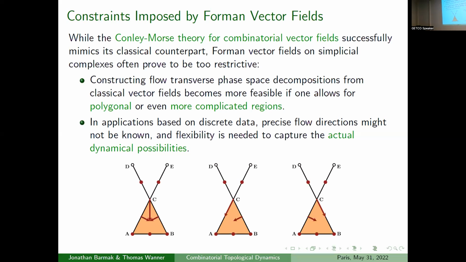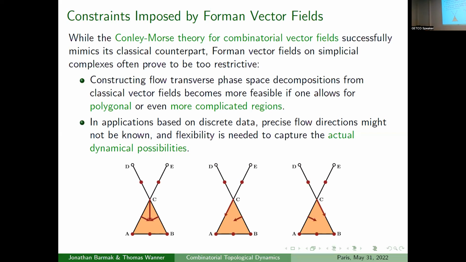What if I don't know exactly what my flow does at this point C? Is there a way to talk about a flow behavior where I just leave my options open and say, well, I could flow into the interior, I could flow here, or flow here, and maybe that combinatorial theory would give me all possible dynamical behaviors that I might have. So I need more flexibility when I'm trying to use these combinatorial techniques in applications to classical dynamics.